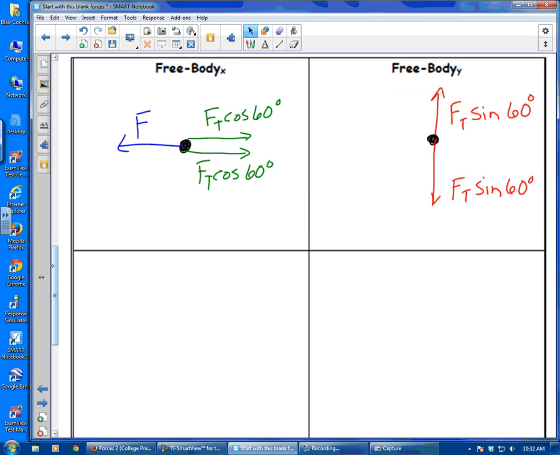If I had labeled it like Ft1 and Ft2, I could prove that Ft1 and Ft2 are the same. That's what I can do on my y side. On my x side, I'm going to do my one equation.